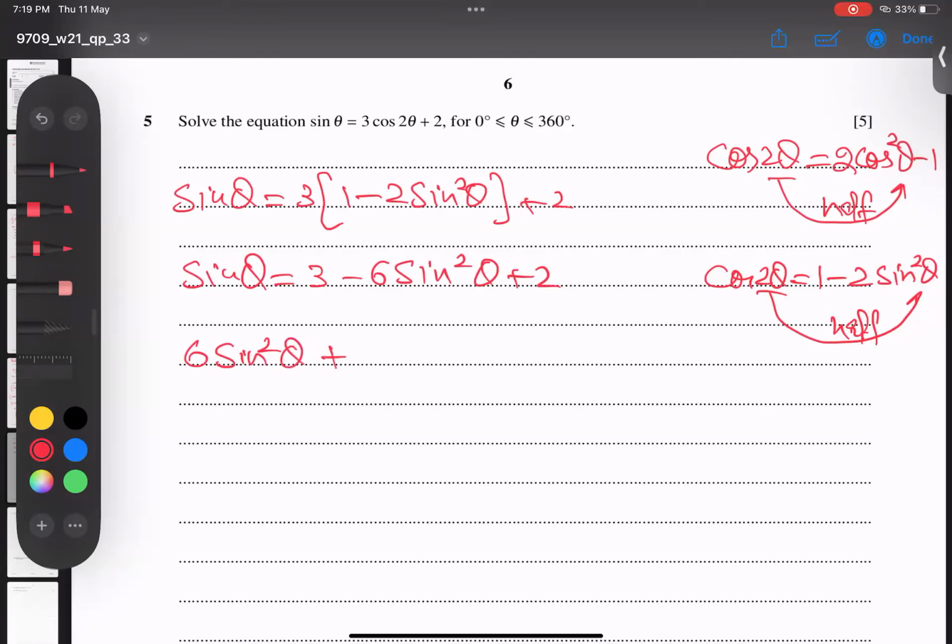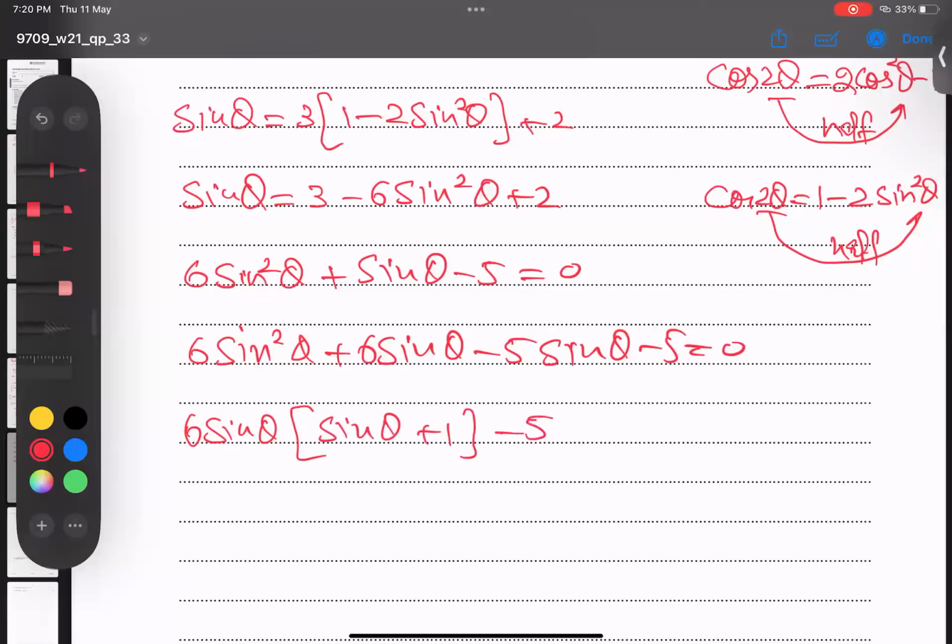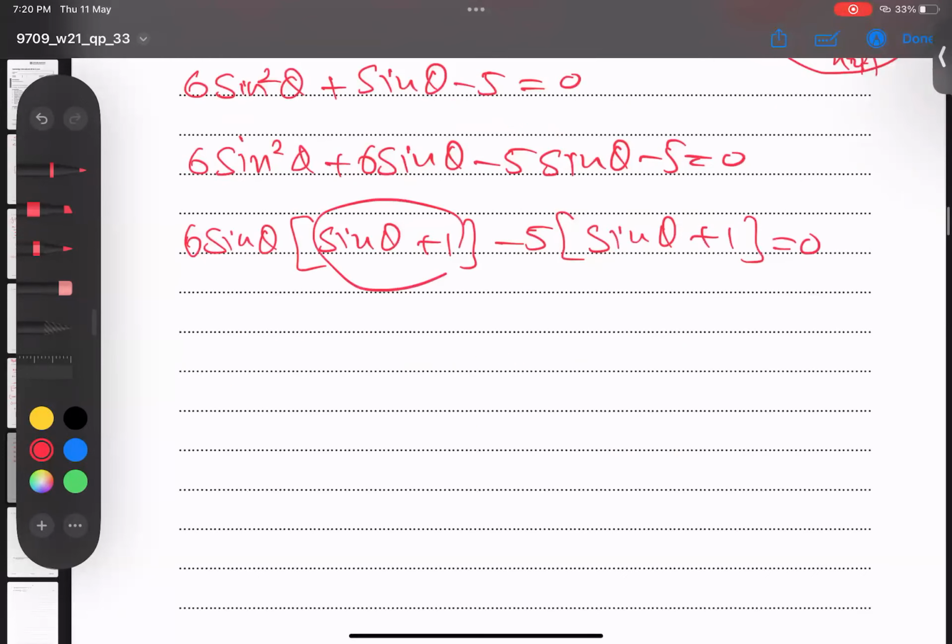This I'm factorizing in trigonometry. If you don't like it, you can take this as k, and it becomes k squared. So no problem. Now 6 sine common out. I get only sine theta left here and plus 1. From negative sine common here, negative 5, sorry, I get sine theta plus 1. Now, because they match, it means I'm getting sine theta plus 1 and 6 sine theta minus 5.